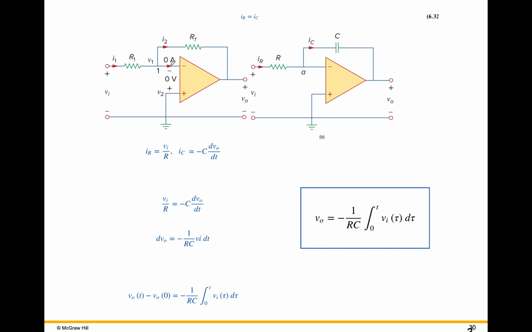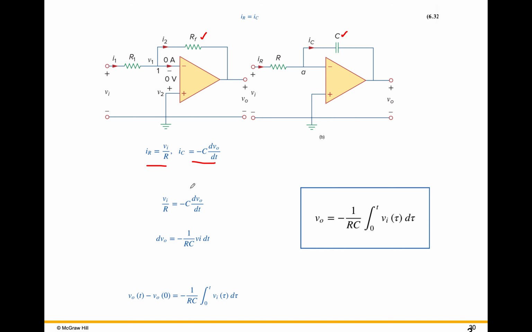If instead we take the resistor that was in the feedback loop and replace it with a capacitor, then we still have our current through the resistor and we have our current through the capacitor. And given that we have 0 current into the inverting input, the resistor current can be defined as V input over R. The capacitor current is minus C dV out dt.